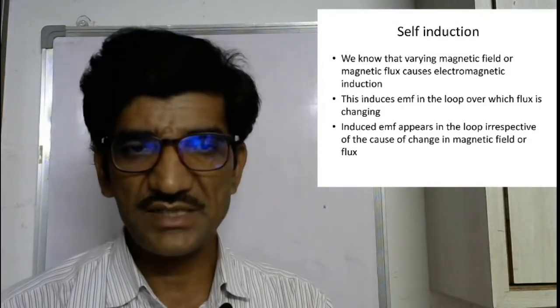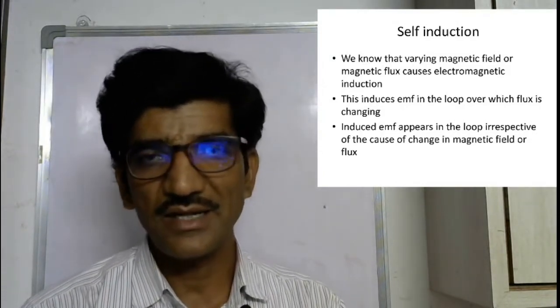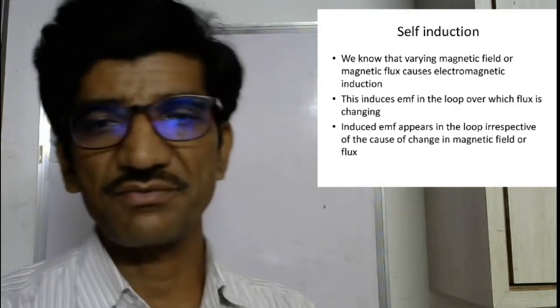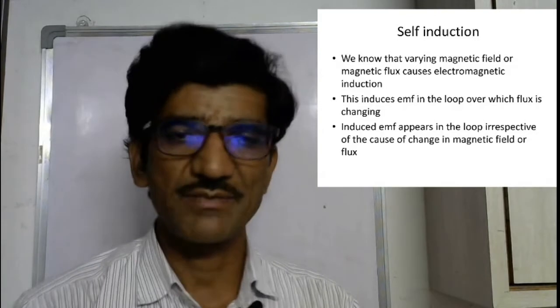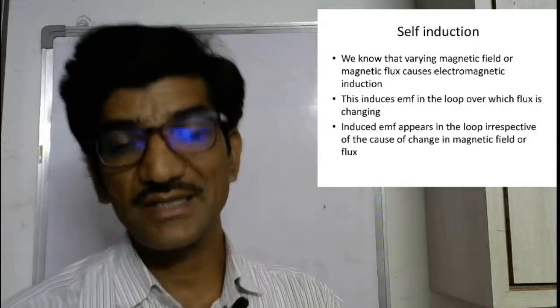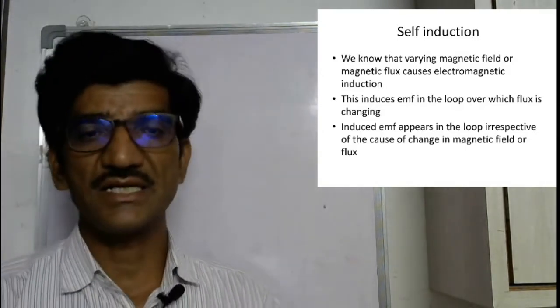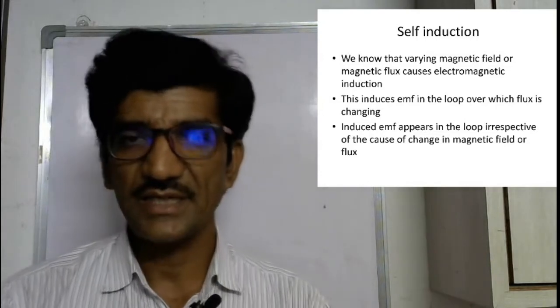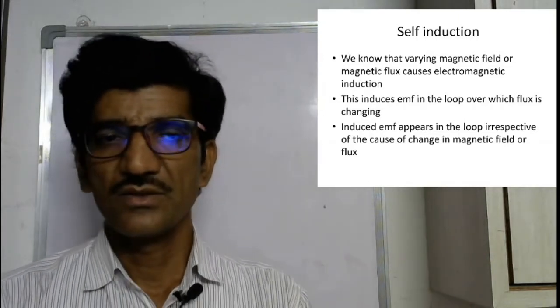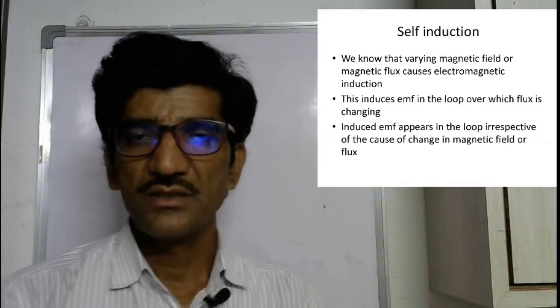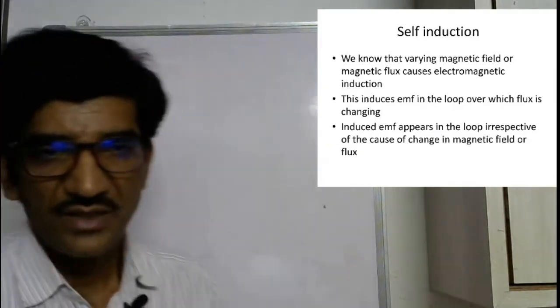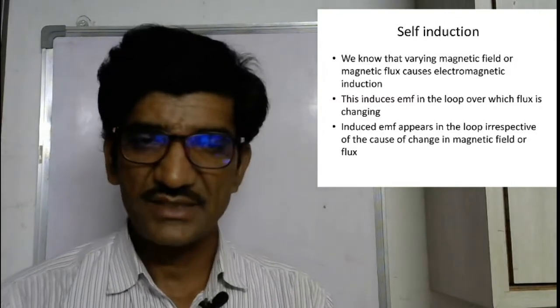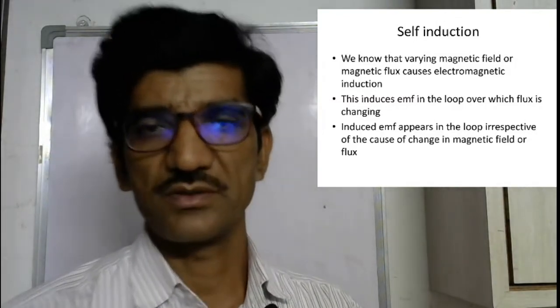That means whenever you place a coil in a varying magnetic field, electromagnetic induction takes place. What is the meaning of that? This changing magnetic field over the loop induces some current inside that conducting loop.